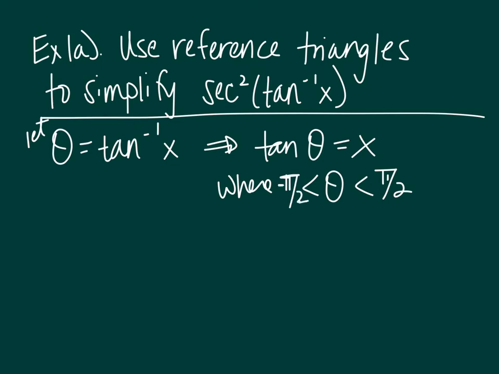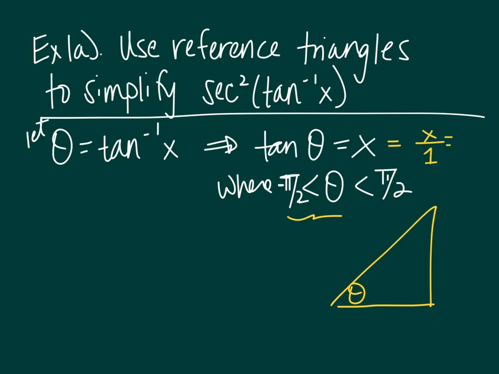So now we're going to draw a reference triangle, and the default reference triangle that we usually draw is assuming that theta is between 0 and pi over 2. So we'll consider that case first, and then we'll come back to the case where theta is between negative pi over 2 and 0. So if we draw the reference triangle here, here's theta. Since tangent is x, we can really think of this as being like x over 1.